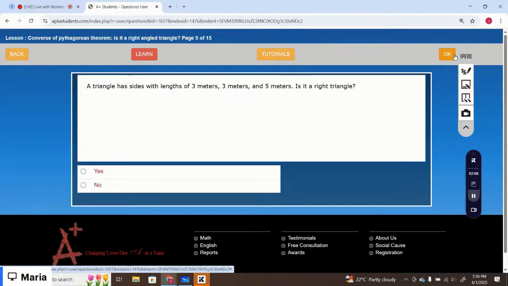A triangle has side lengths of 3 meters, 3 meters, and 5 meters.